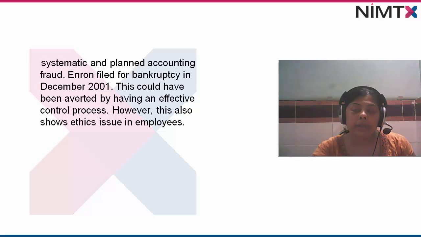If there was an effective control process, probably Enron's malpractices could have come out in the open, but it didn't, because it was a planned accounting fraud. It was a very big fraud, and Enron after that had to file for bankruptcy. This could have been avoided had they had a good control process.